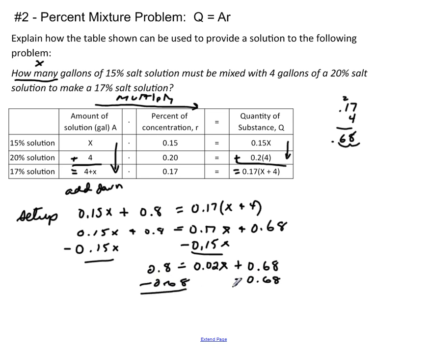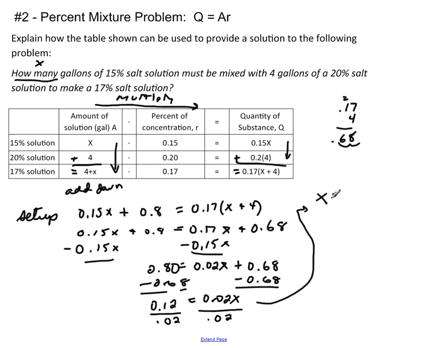When we do the subtraction, of course, what we're going to see is that we end up with, pardon me, not 0.2, it would be 0.12 is equal to 0.02x. So I have to divide both sides by 0.02 to make this work. So I'm going to have to divide on the left by 0.02 and divide on the right by 0.02. So we're going to end up with this.